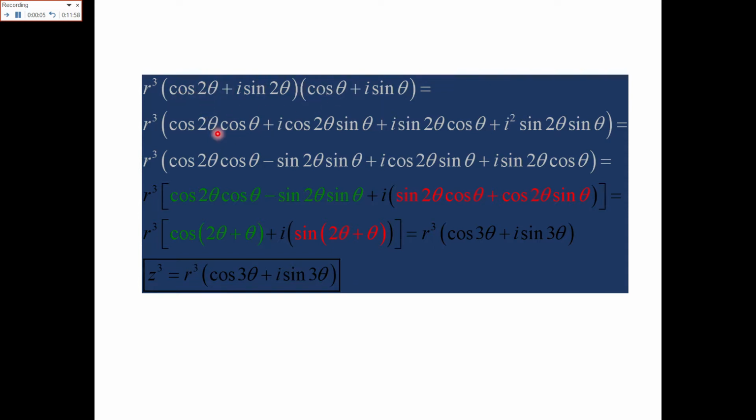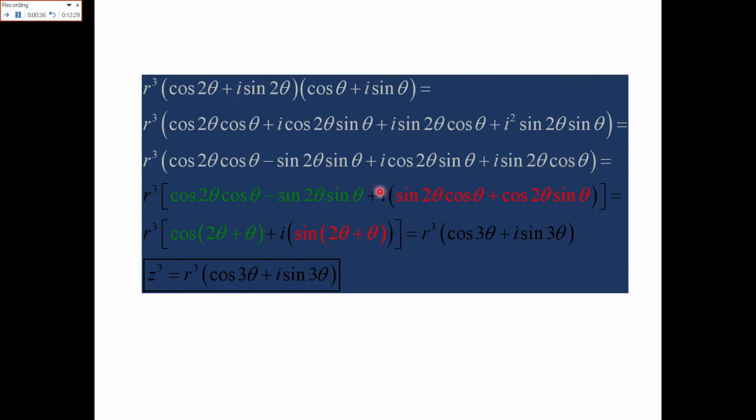Now cos 2 theta cos theta plus iota cos 2 theta sin theta plus iota sin 2 theta cos theta plus iota square sin 2 theta sin theta. Now it becomes cos 2 theta cos theta, iota square becomes minus 1, so minus sin 2 theta sin theta, plus iota cos 2 theta sin theta plus iota sin 2 theta cos theta.